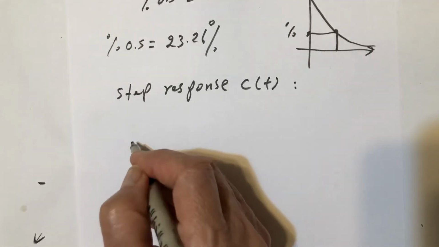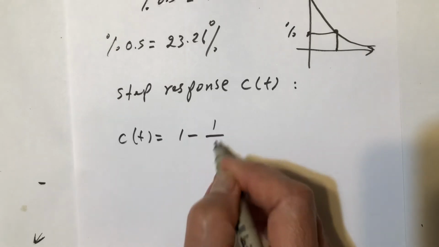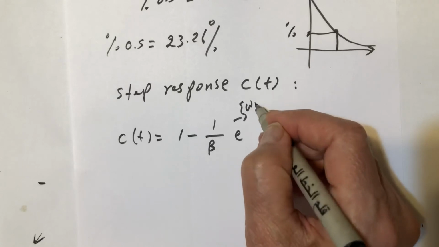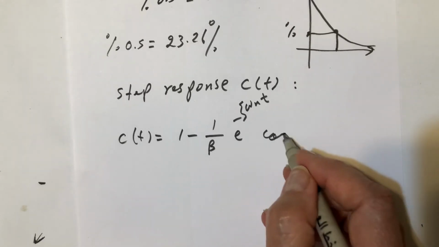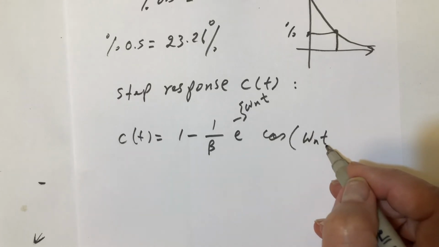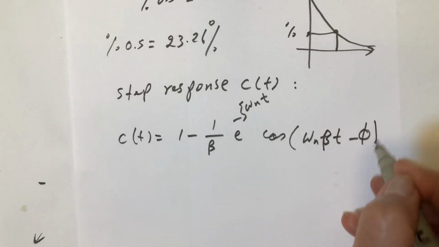This expression is C of t equals 1 minus 1 over beta, e to the minus zeta omega n t, cosine of omega n beta t minus phi.